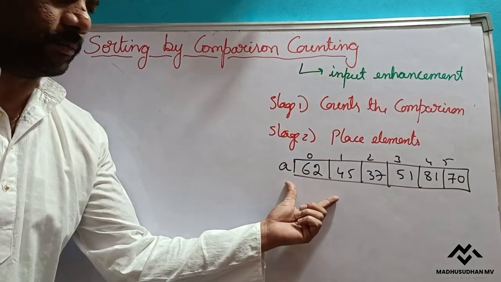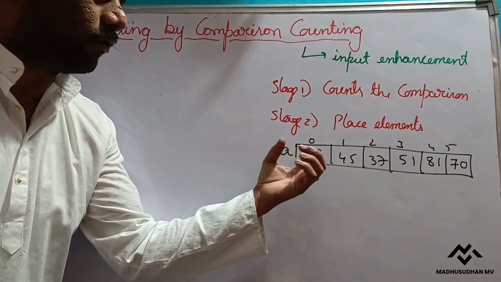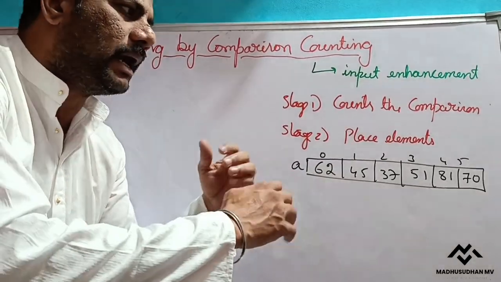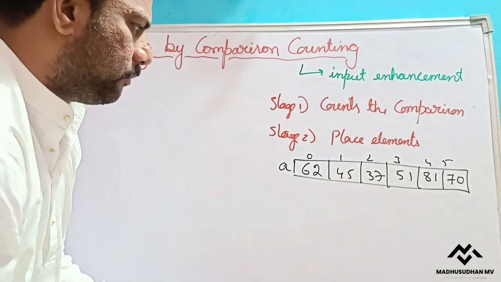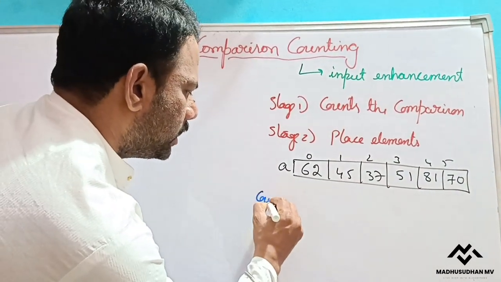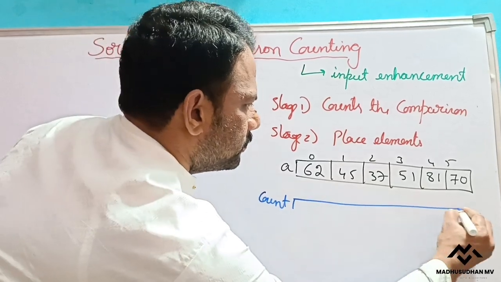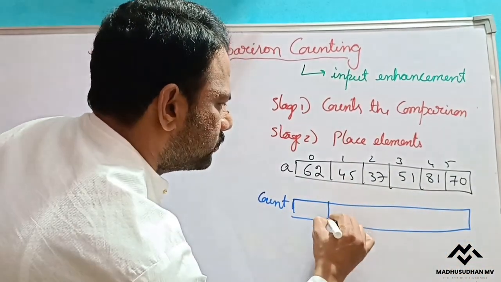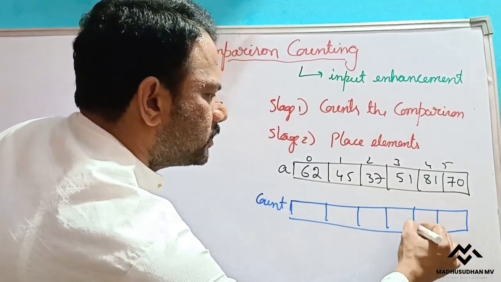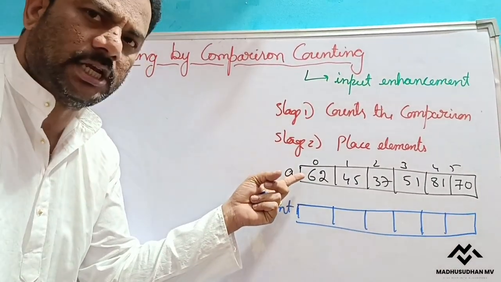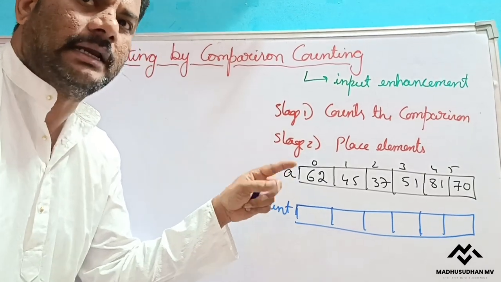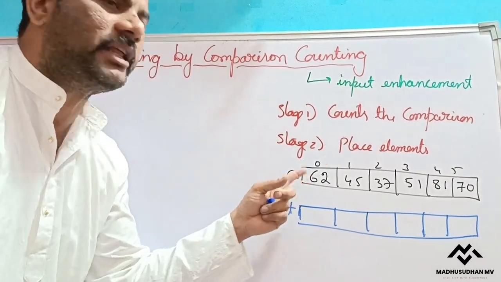This is the given input, and from this input we are going to extract some additional information, that is the count. That is the first stage: for each element, we find how many elements are lesser than it.